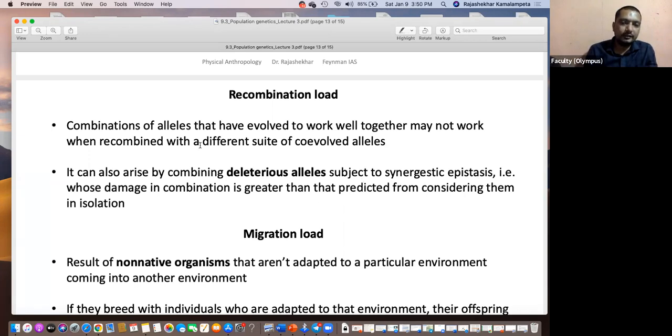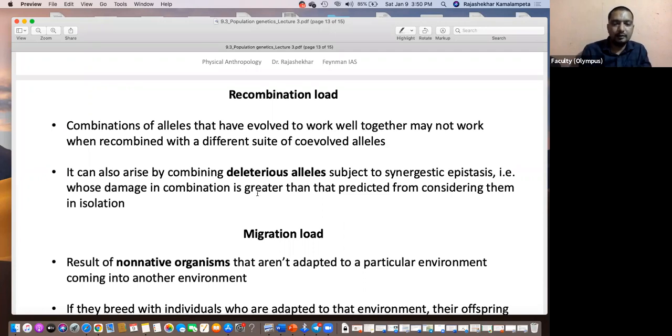Combinations of alleles that have evolved to work well together may not work when recombined with different alleles. This is just a slightly more complex way of explaining what I just said. Let's say the parent generation's alleles were working great and were not affecting fitness. But when they are segregated, which is the first step, and then recombined in a new form, in this new combination it is affecting survival. Then you can call that recombination load.